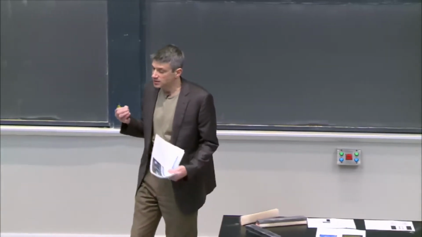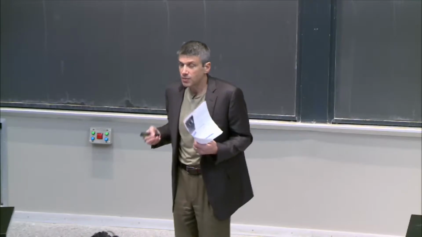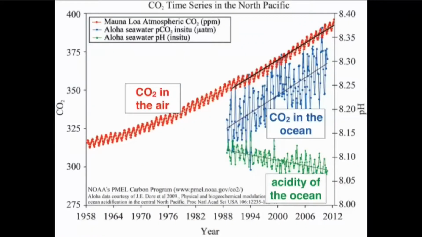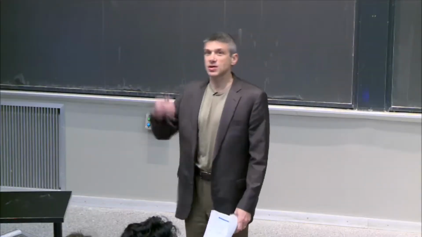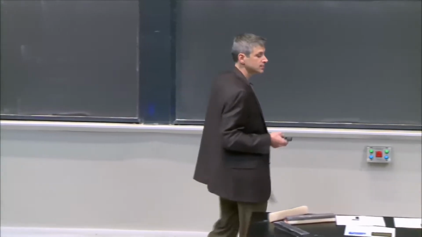But I just want to tell you that when you have CO2 in the atmosphere going up, then you also have CO2 in the ocean going up. The CO2 in the atmosphere is getting absorbed by the ocean. So what? Well, the more CO2 in the ocean, the more acidic the ocean becomes.